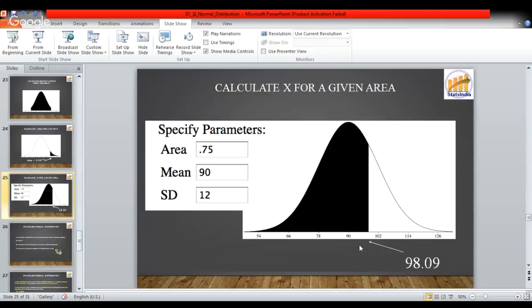But as we see, for every different mean and different SD, the value on the baseline changes, and the shape of the normal distribution also varies slightly.